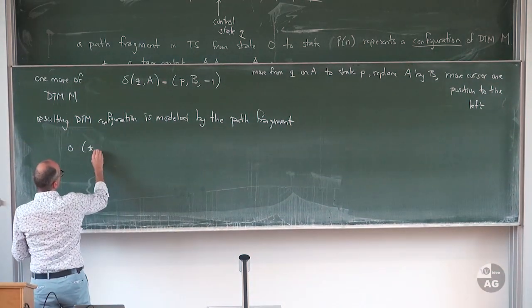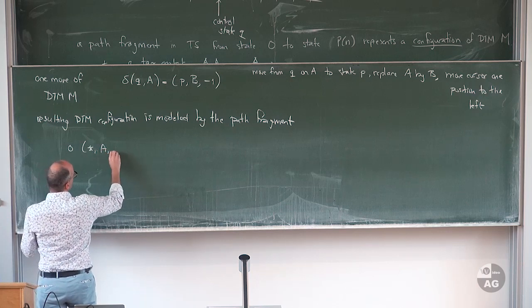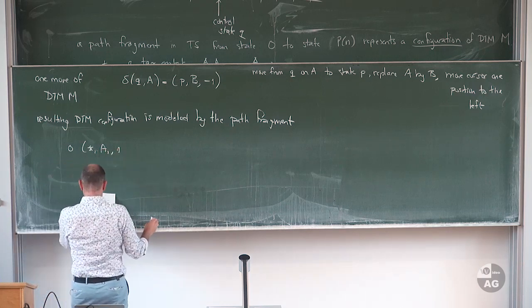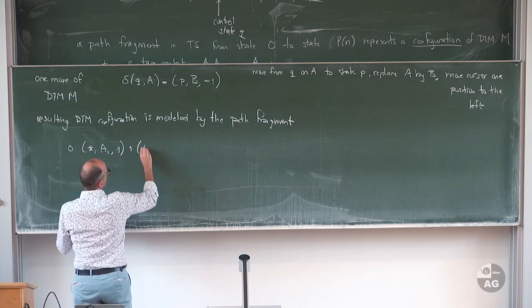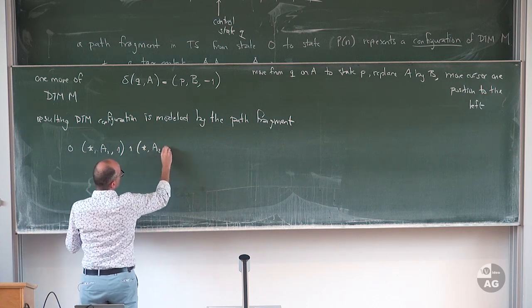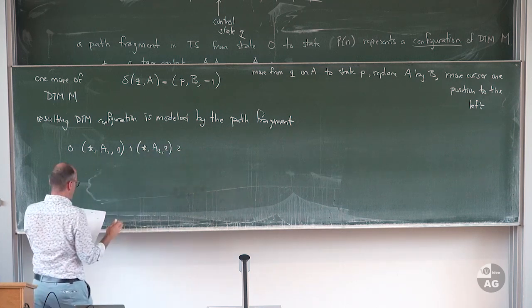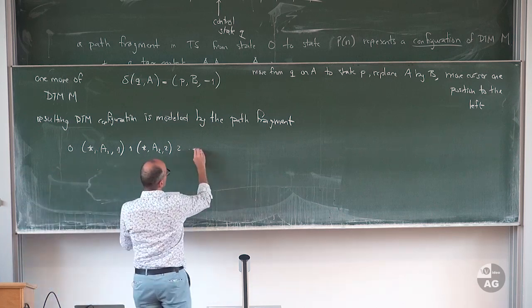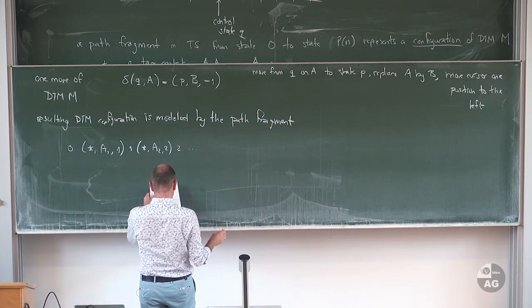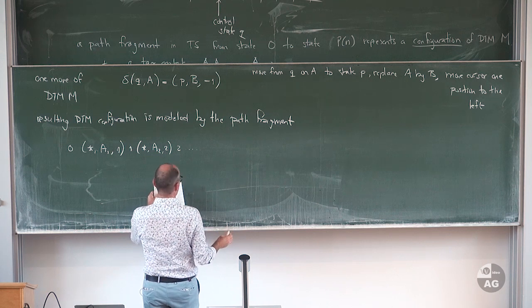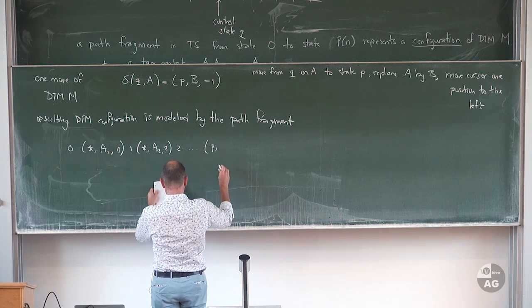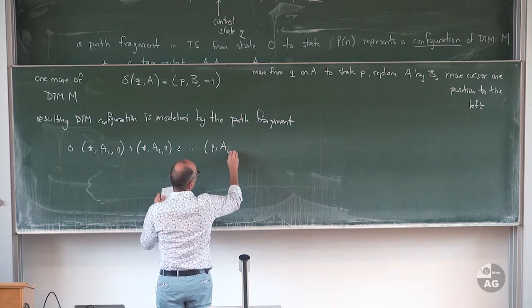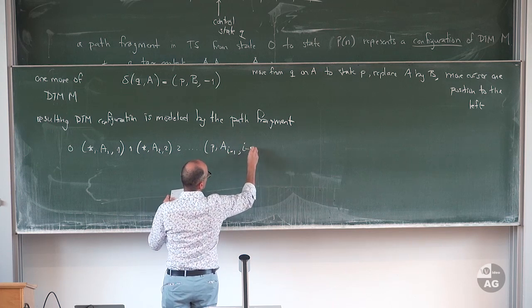(0 star A1 1, 1 star A2 2). So I'm assuming in the beginning nothing changes, right? And at some point I get to position I minus 1. So here I get P A(I minus 1)(I minus 1).